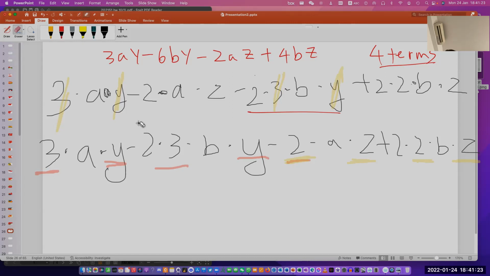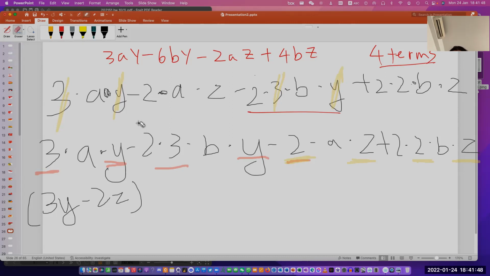Start to extract the common factor out. Very good. So the first pair 3y, second pair 2z, or minus 2z, up to you. Minus 2z.